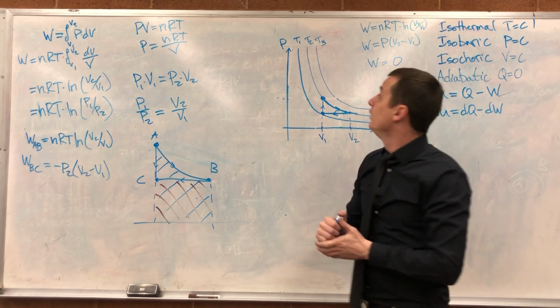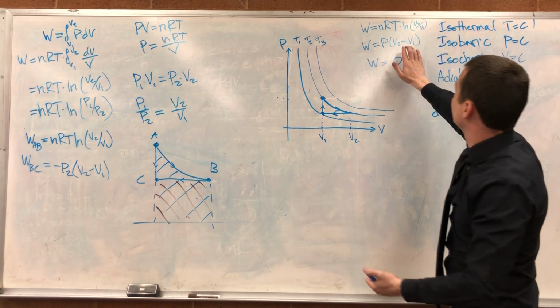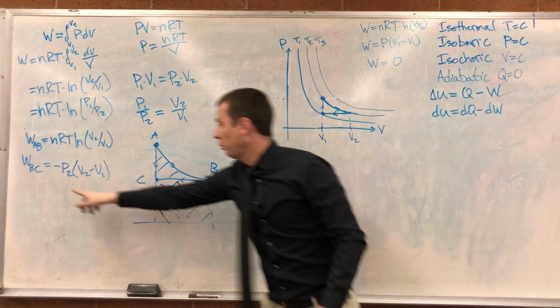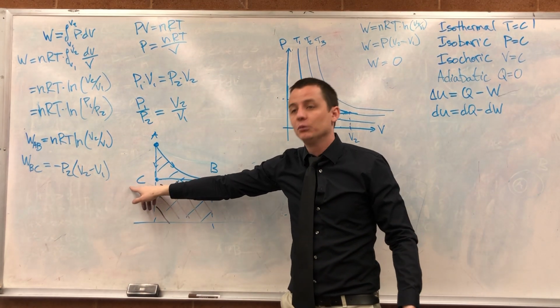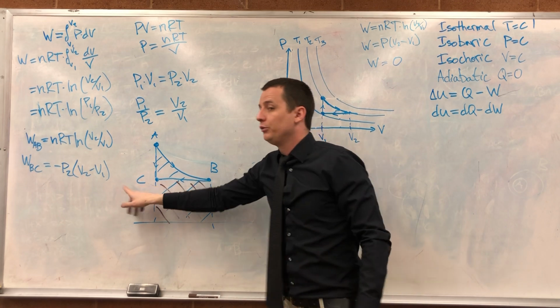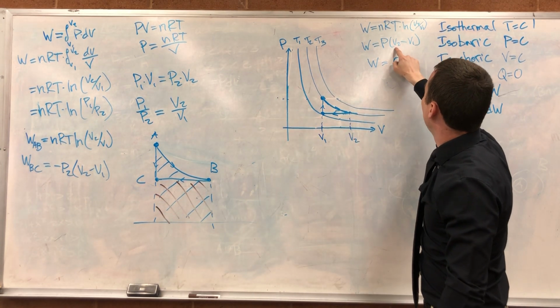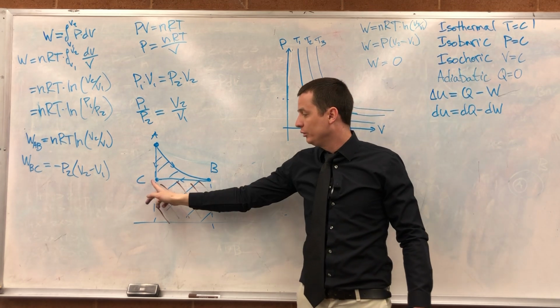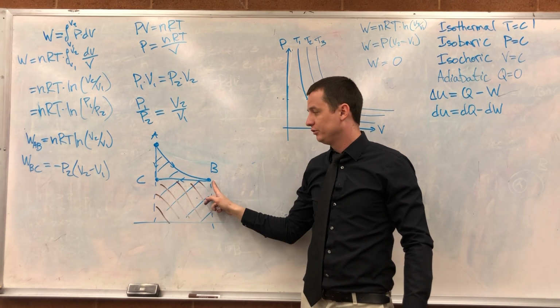Now notice, we could have blindly used this formula for this part right here, and it would have worked as well, if we remember that the formula is your ending volume minus your start volume. Over here, our ending volume was V1, and our start volume was V2.